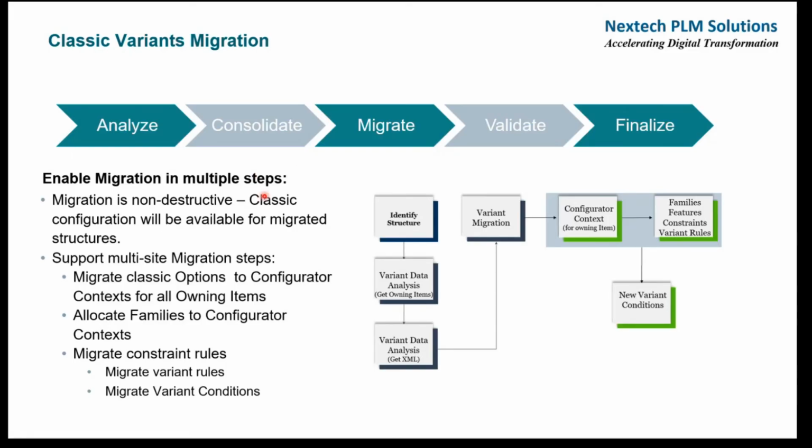We have to analyze the existing options and variants. We have to consolidate, migrate, validate, and finalize, right? So at a high level, these are the steps that can be performed.